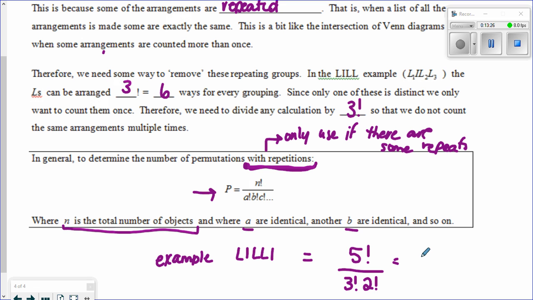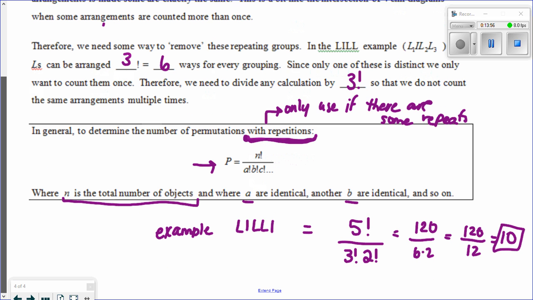So 5 factorial, 5 times 4 is 20, times 3 is 60, so that's 120 on top. 3 factorial times 2 factorial, 3 factorial is 6, 2 factorial is 2, so that's 120 divided by 12 equals 10. So if you look back at our Lily arrangements, there were 10 possible arrangements for that.